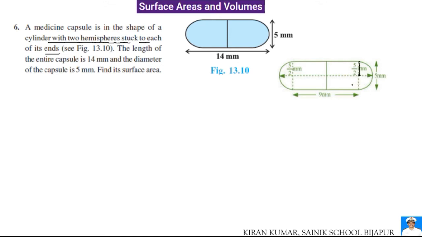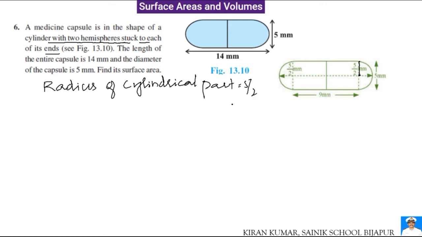The diameter is 5, so the radius is 5 by 2. So let me mention that here the radius of the cylindrical part is 5 by 2, which is 2.5 mm.